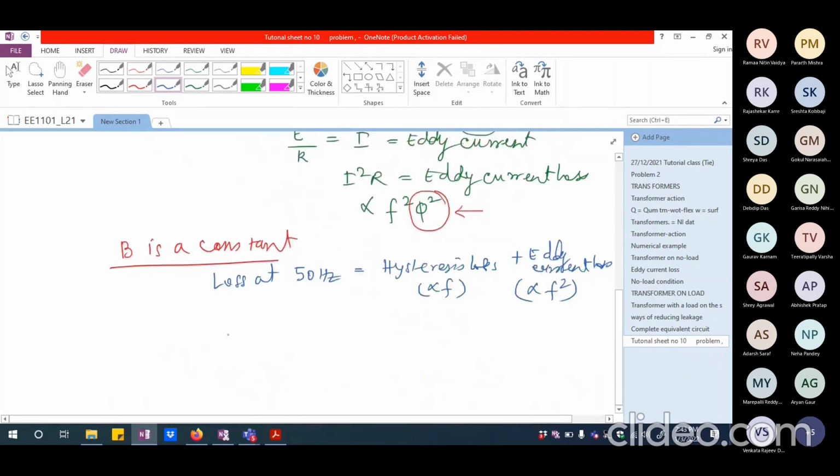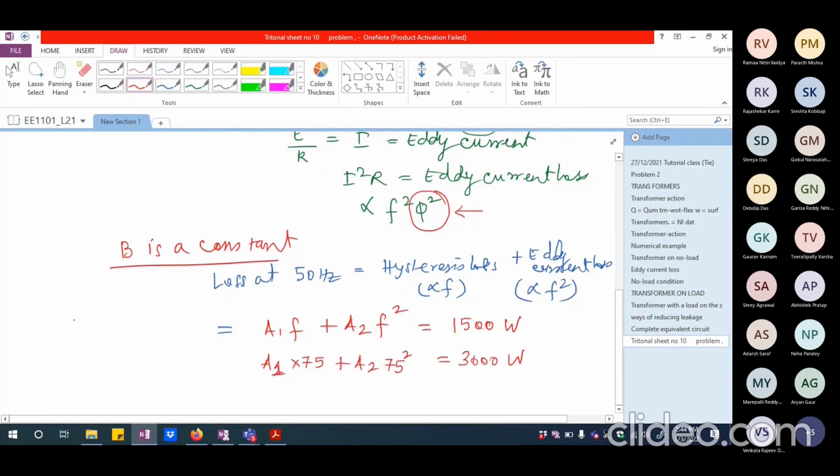So I can write this as some A times F plus some B, or let me write A1 and A2, that's easier. So A1 times F plus A2 times F square is equal to 1500 watts at 50 Hertz. Similarly, A1 times 75 plus A2 times 75 square is 3000 watts.